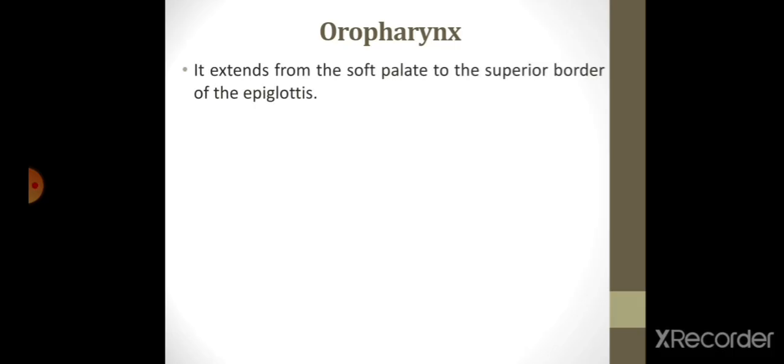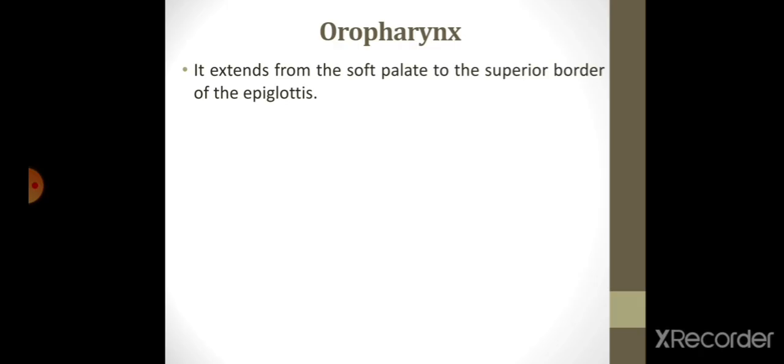Oropharynx. Oropharynx is a part of the pharynx located posterior to the oral cavity. It extends from the upper surface of the soft palate to the upper border of the epiglottis.